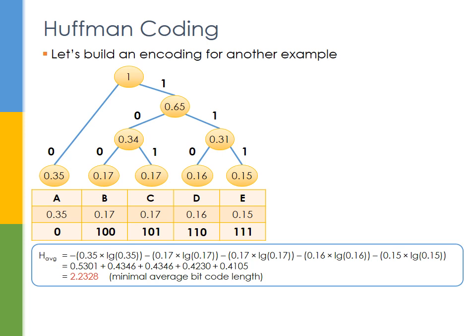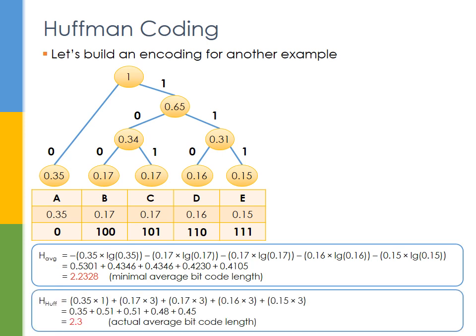I won't run through the entire calculation, but if we plug in the correct probability values, then we get a value of 2.2328. What this means is that, in the optimal situation, we should be using an average of 2.2328 bits for each of the codes that we use for the 5 different symbols.